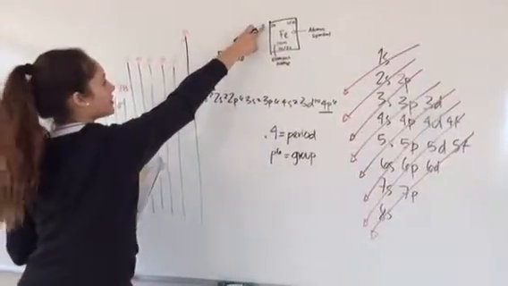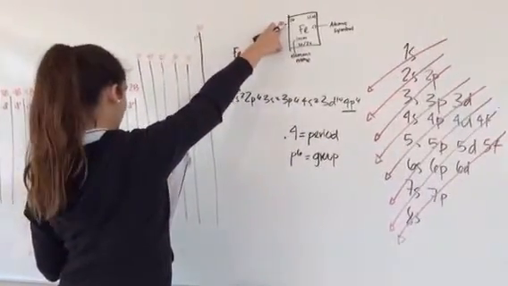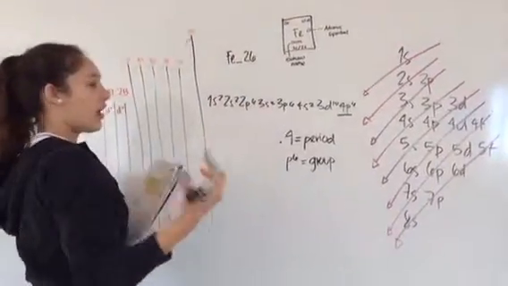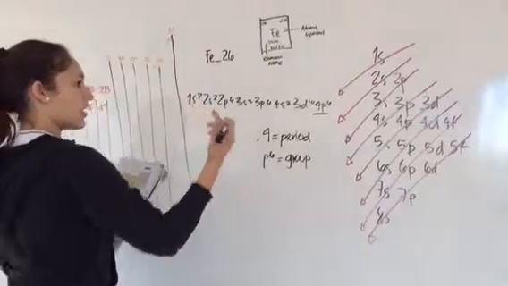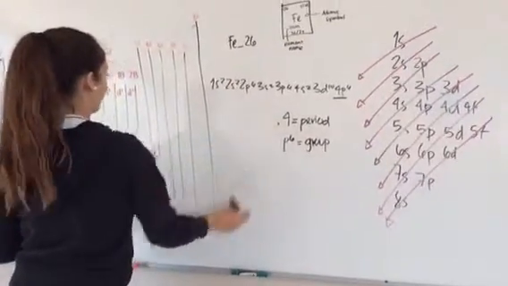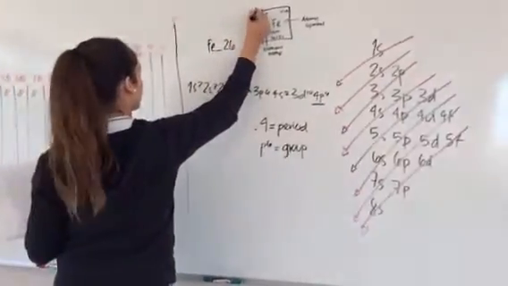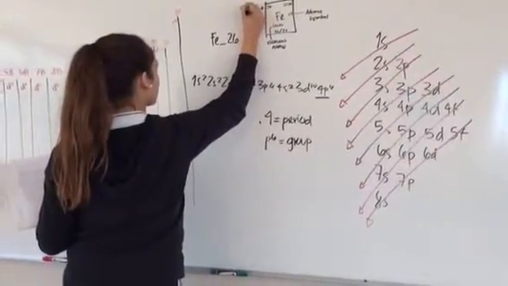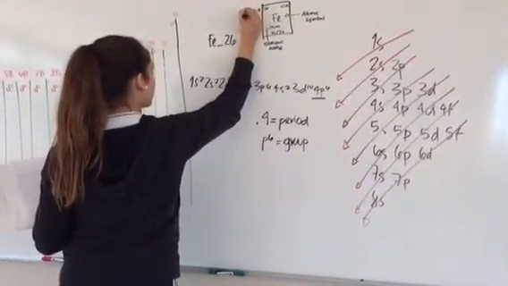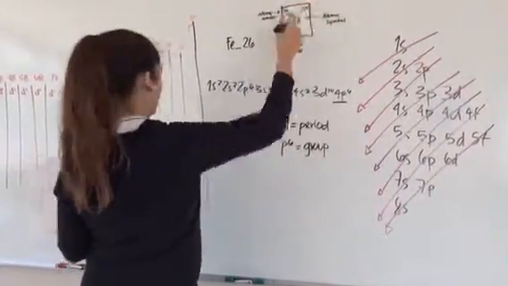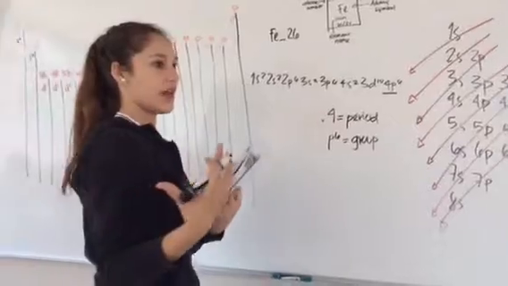On the top left corner is a 26, and this is the atomic number. The atomic number will help you do the electron configuration and then find the location of the elements in the periodic table. And then on the right corner is the atomic mass, the quantity of mass the element has.